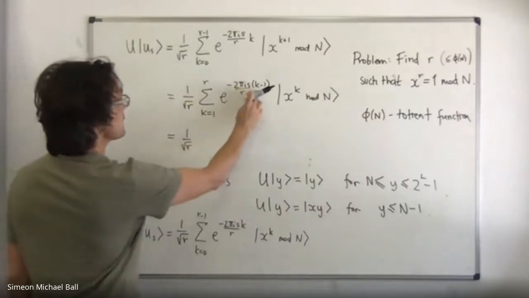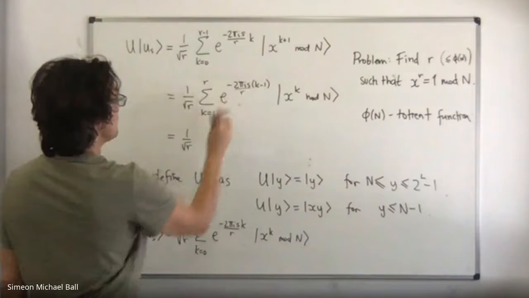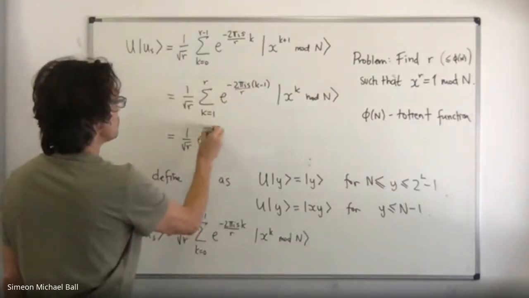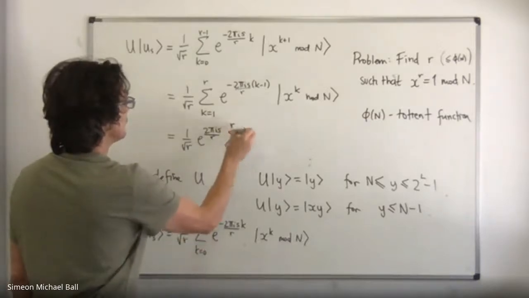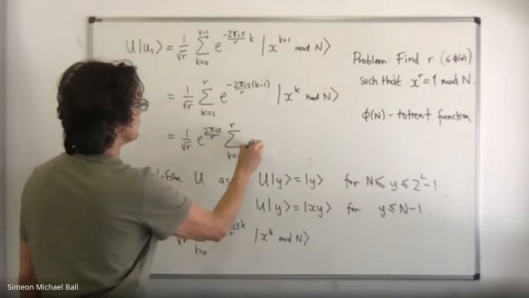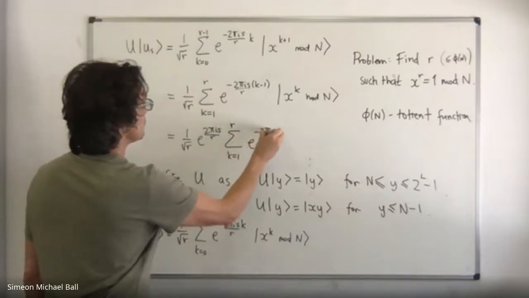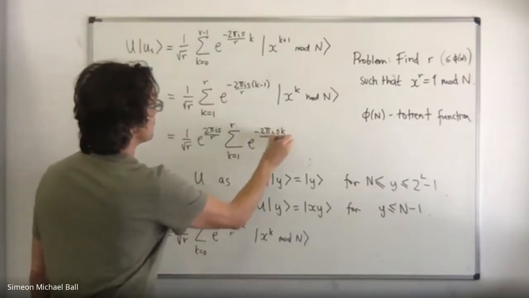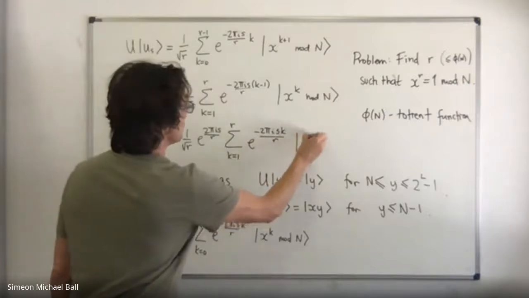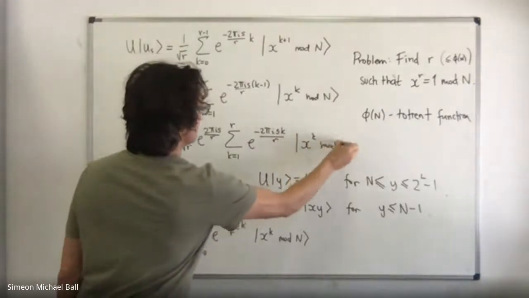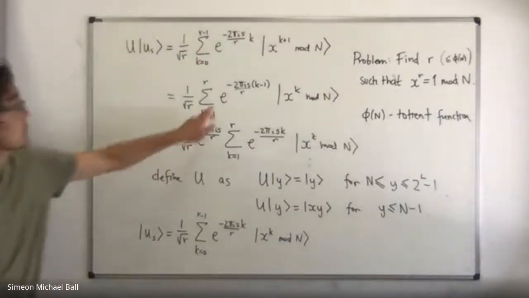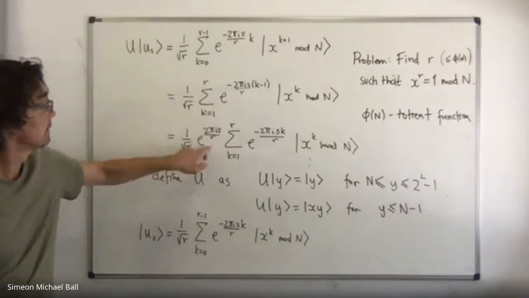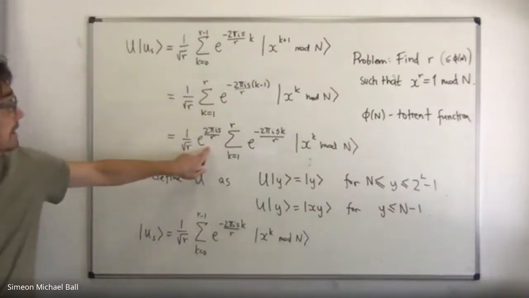So now I'm just going to take out this e to the 2 pi i s over r. What I've done there is I've just taken this bit here in front because it's got to do with k.